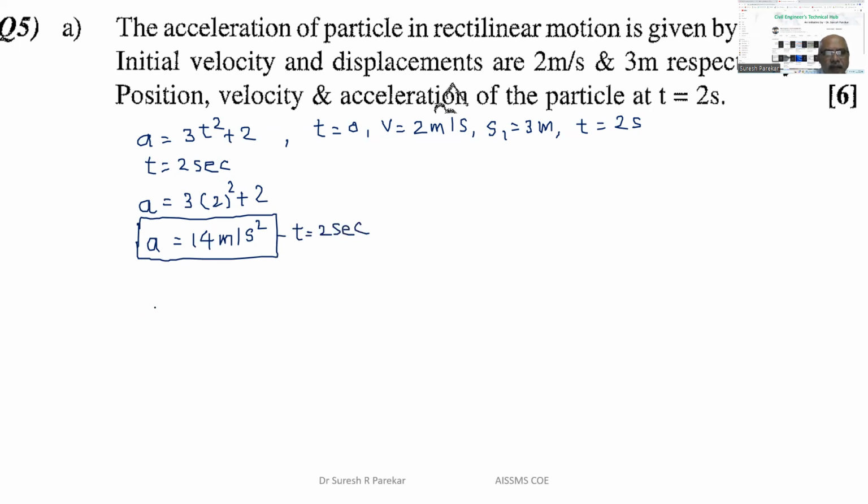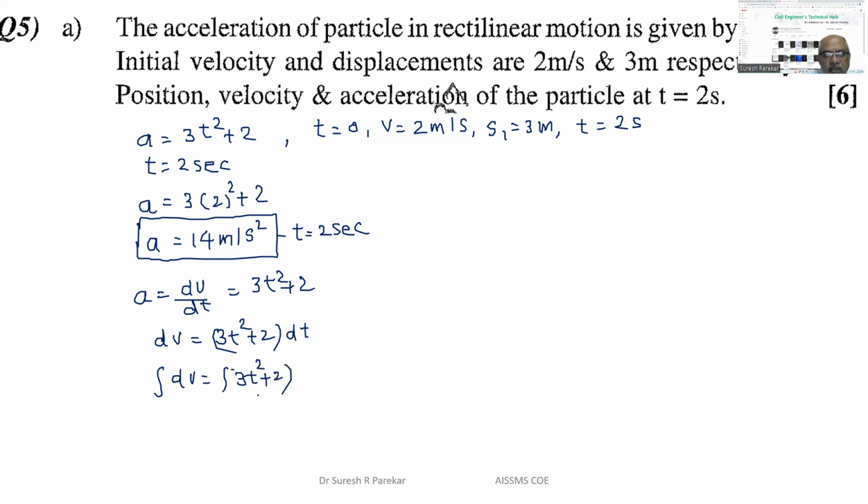Then we will go for velocity. So we have a is equal to dv by dt is equal to 3t square plus 2. Then from this we will get dv is equal to 3t square plus 2 into dt. Then you integrate it. So we have integration dv is equal to integration 3t square plus 2 into dt. Now integrate it.